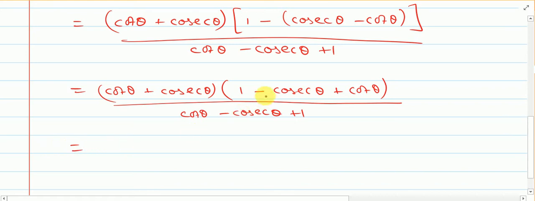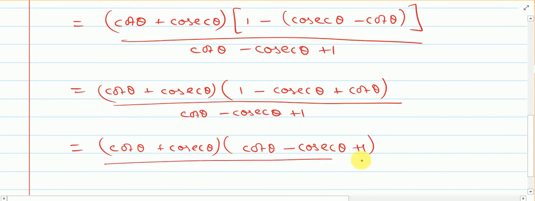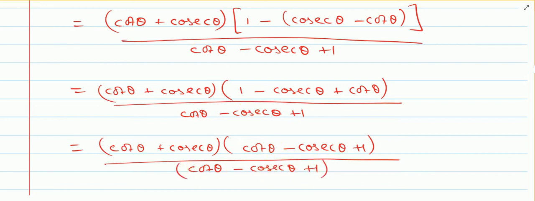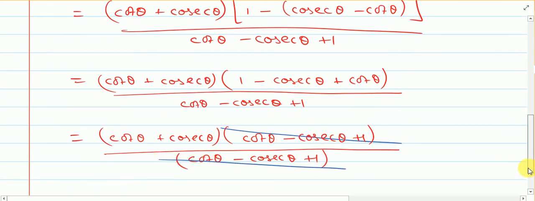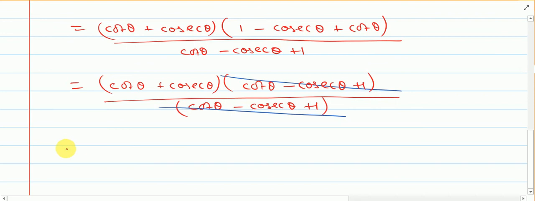So you can rewrite this part as cot theta plus cosec theta times cot theta minus cosec theta plus 1, and down cot theta minus cosec theta plus 1. So here these two are same, so cancelled. Now we are left with cot theta plus cosec theta.